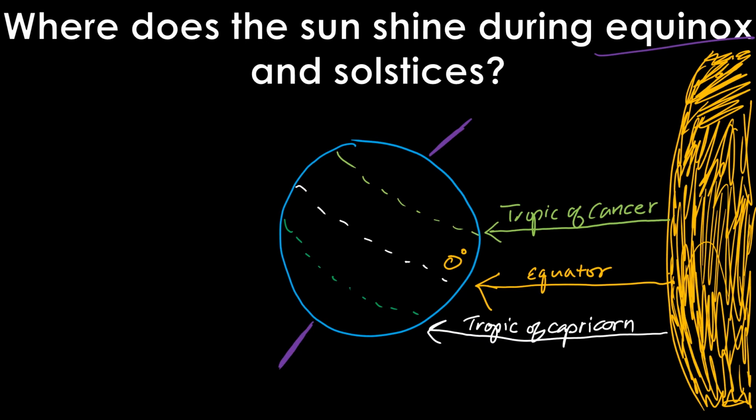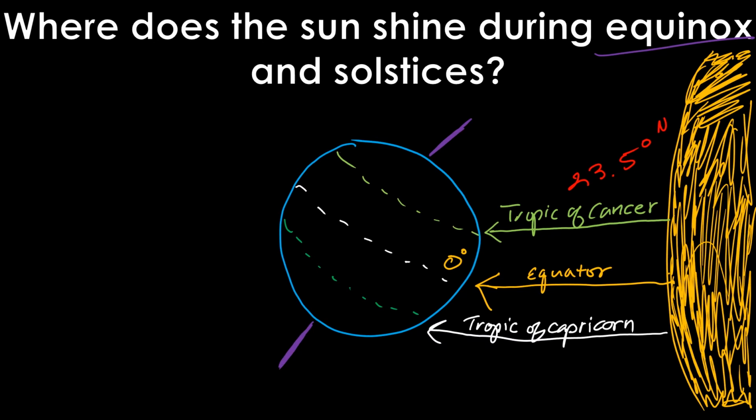But this also helps us to figure out the tilt of the Earth, because the Tropic of Cancer is 23.5 degrees north, the highest point that the sun rises on our planet.